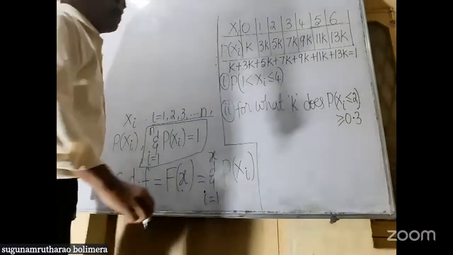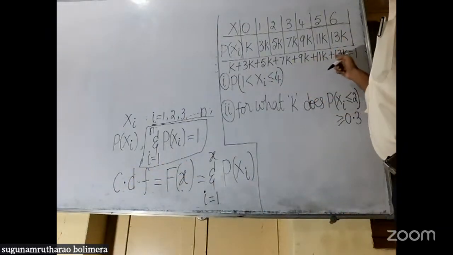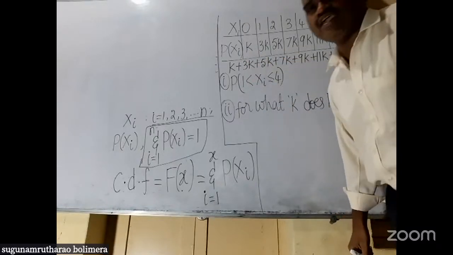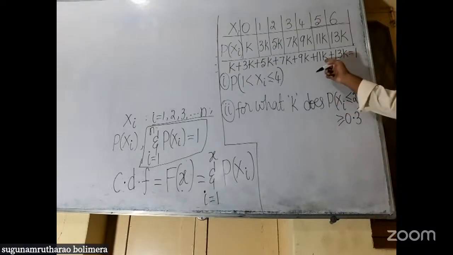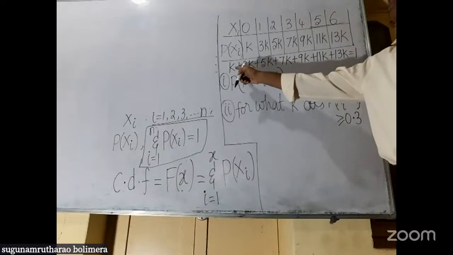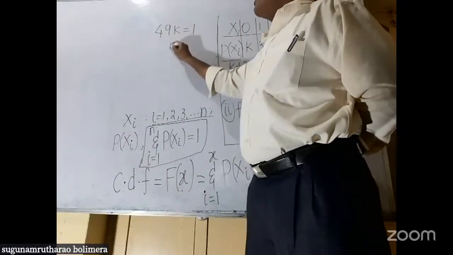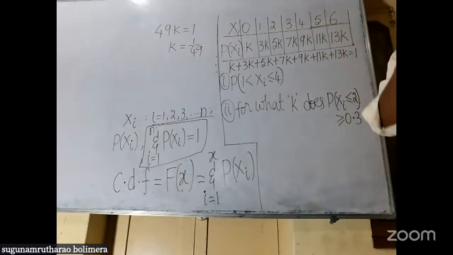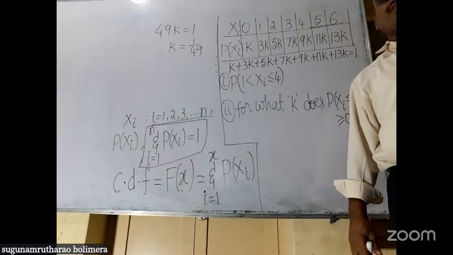What is the value of k? 1 plus 3 plus 5 plus 7 plus 9 plus 11 plus 13: 33, 40, 45, 48, 49. So 49k equals 1, and k equals 1 by 49.